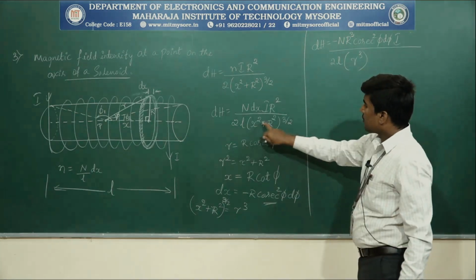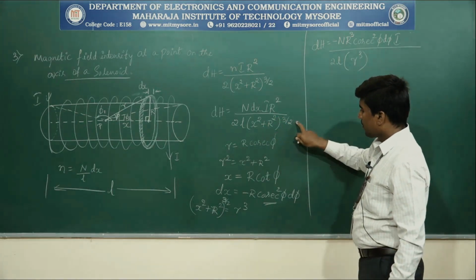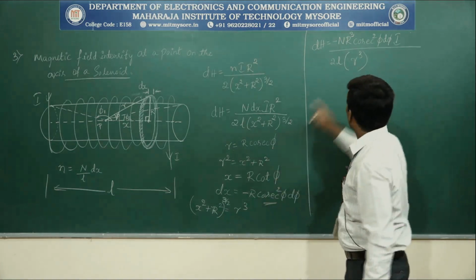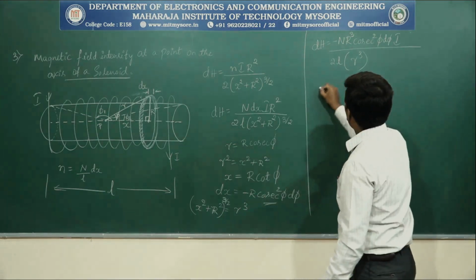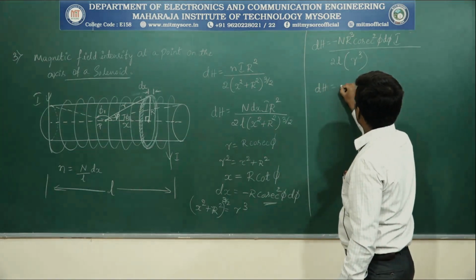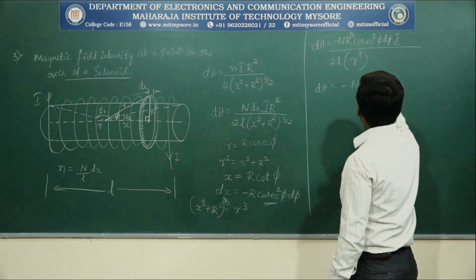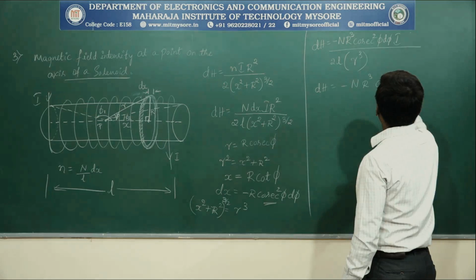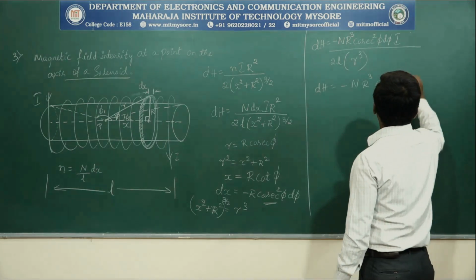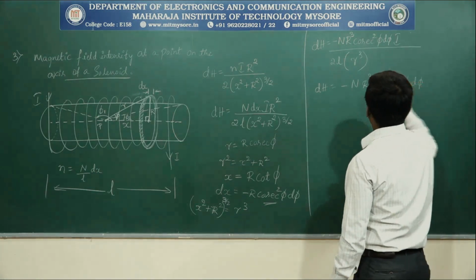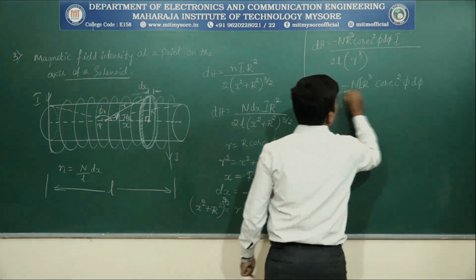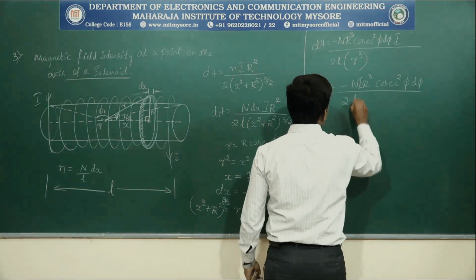Okay, see, (x square plus R square) whole power 3 by 2 can be written as r cube by using this identity. Then dH can also be written as minus n into R cube into cosecant square phi into d phi into I divided by 2L.